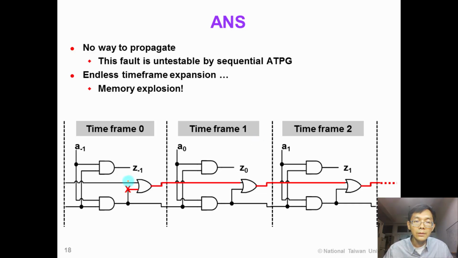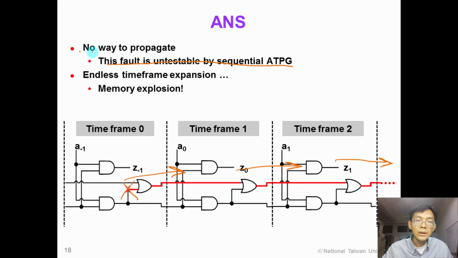Okay, back to the video. Have you generated a test successfully? Actually, this fault is untestable by sequential ATPG. When we try to propagate the fault effect to the right, it just keeps going and going without reaching any primary output.